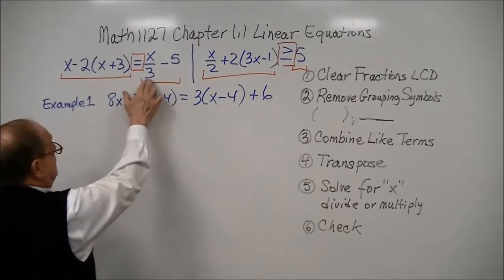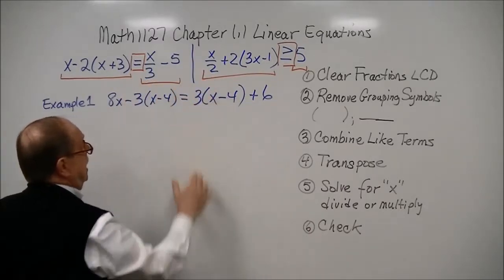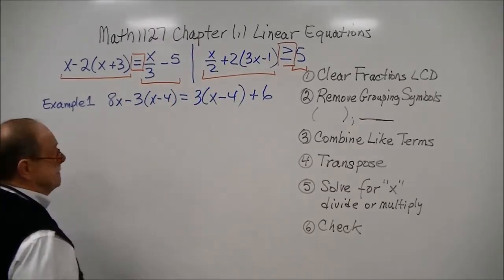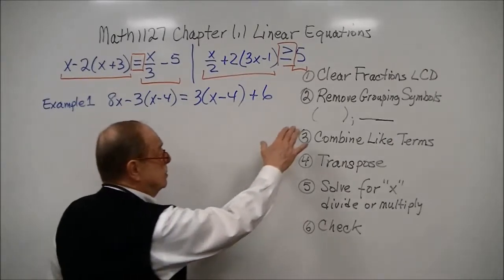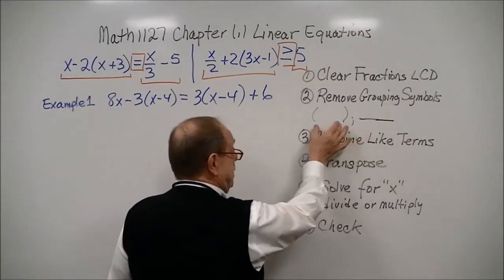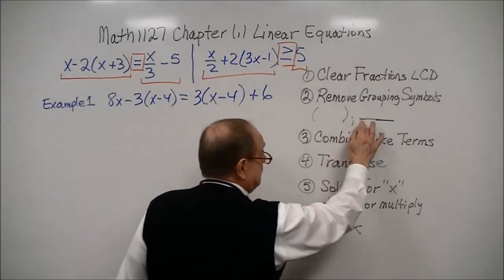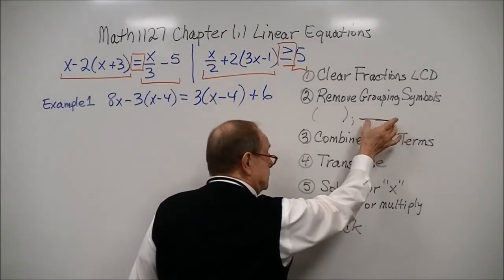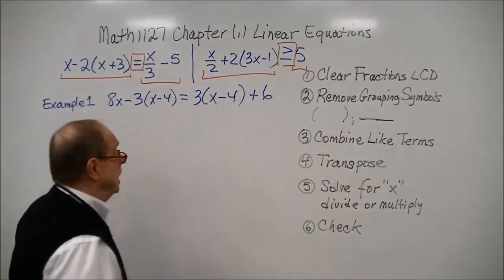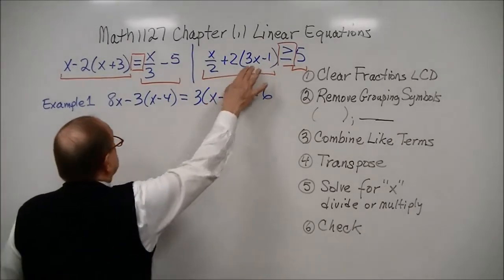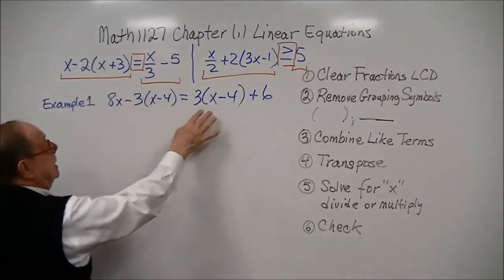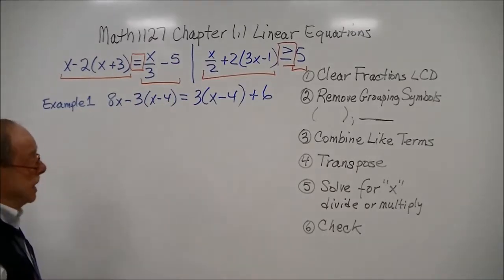And we see a fraction here and a fraction there. Then you want to remove grouping symbols, whether they are parentheses, these are the most common, or a fractional division bar, which is a grouping symbol. And we see them here in a number of places. So we'll be doing that in our first example.